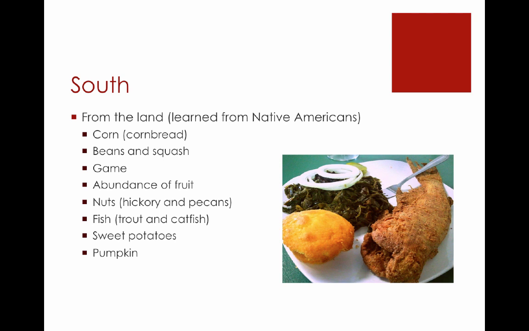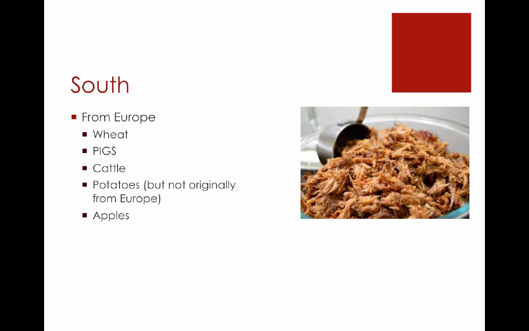Fish was particularly in the streams and in rivers, where you would see lots of different fish, including this whole catfish here. Sweet potatoes and pumpkins, other kinds of gourds and things like that. Then we also saw the European, the French, the Spanish, and the English influences. They brought over wheat, particularly when we think about English bringing over wheat.